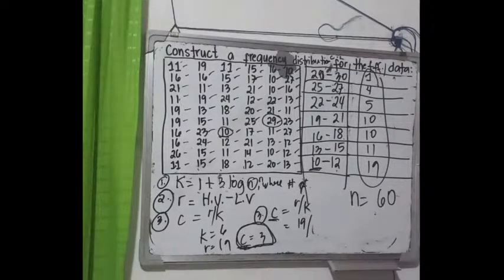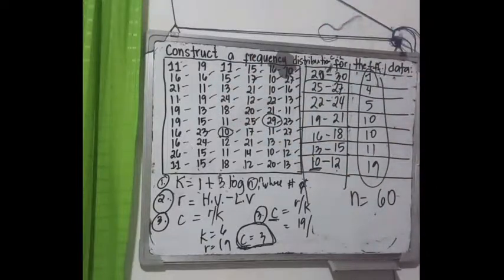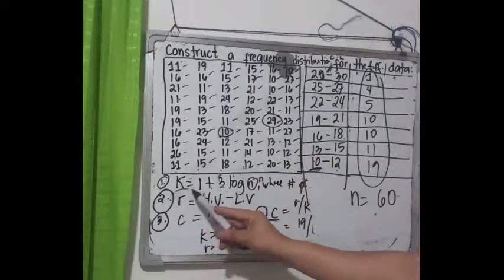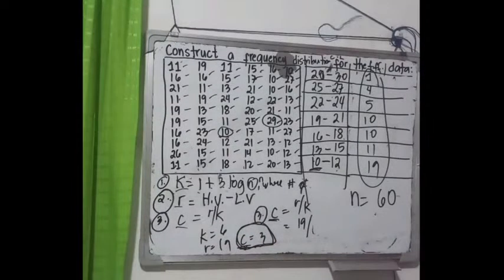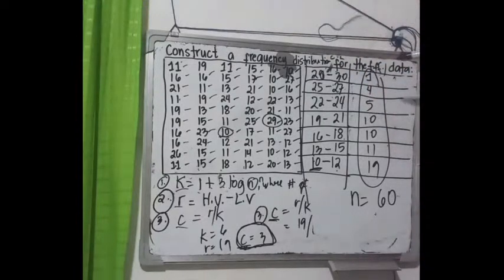That is how to construct a frequency distribution table. Based on the data, we will find the value of K, the value of R, and the value of C or class size. Okay, so that is an example on how to construct a frequency distribution.